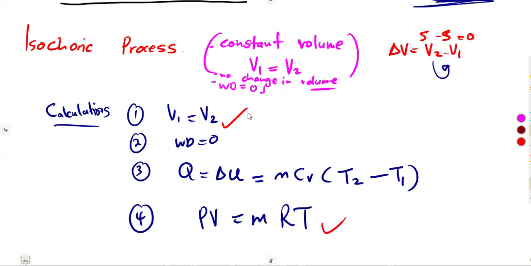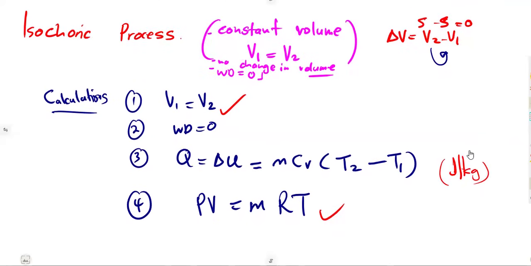It can actually help. And for a given mass, we are going to find out that the change in internal energy will be measured in joules per kilogram because of the mass that is being considered. So you answer the question according to how it is given.